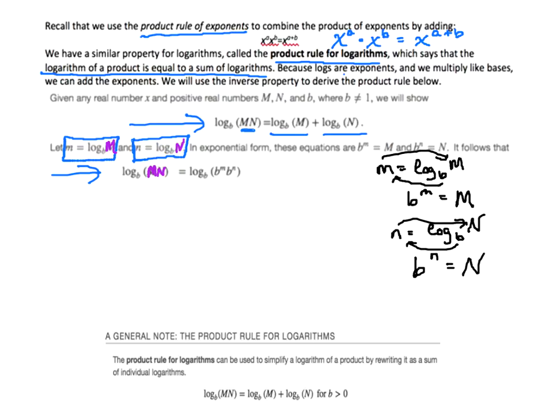So what I'm now going to do is replace M and N in my logarithmic expression with b to the m and b to the n. So that's what I have happening on the right-hand side. I'm actually going to white that out and rewrite it a little clearer here.